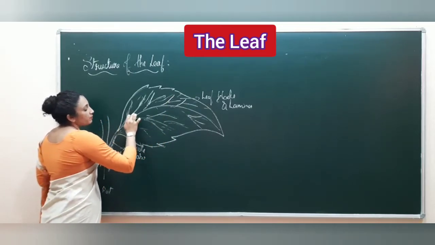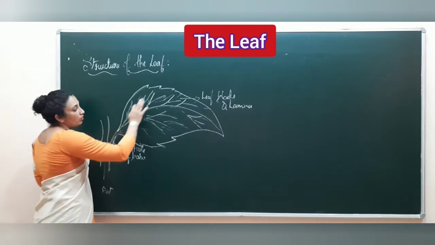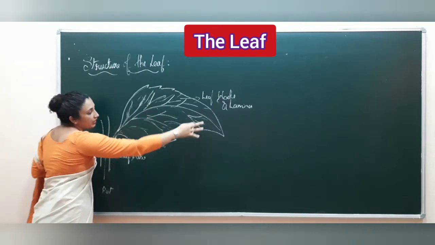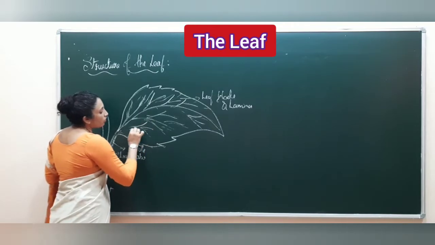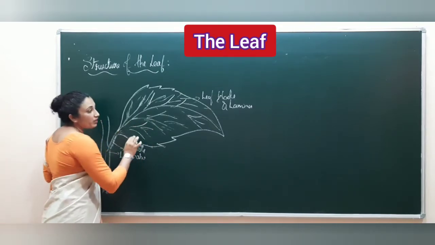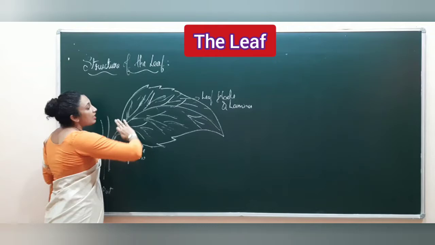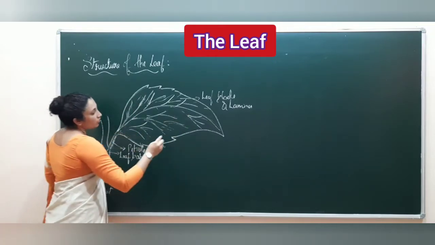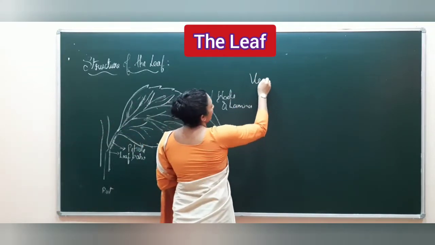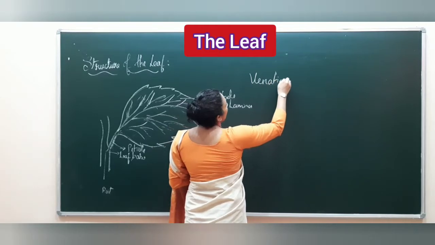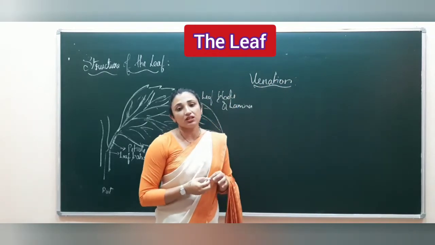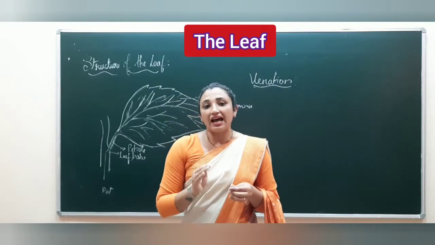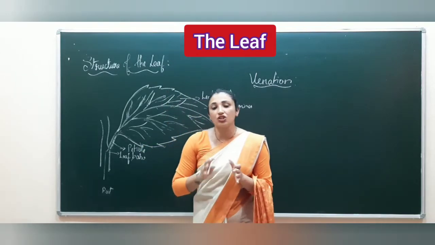So these veins play a very important role in the supply of water to the leaf structure, and this arrangement of network of veins on the leaf is known as venation. V-E-N-A-T-I-O-N.